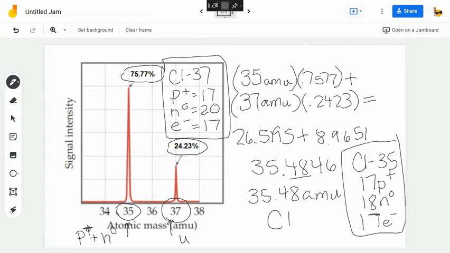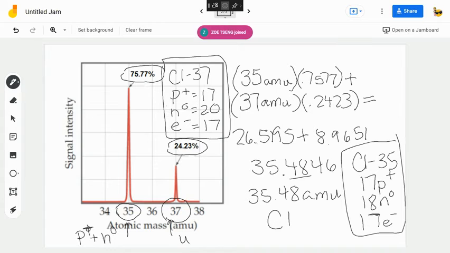Does everybody see where those numbers come from? Okay, that's the example from your packet that I just handed out of notes.